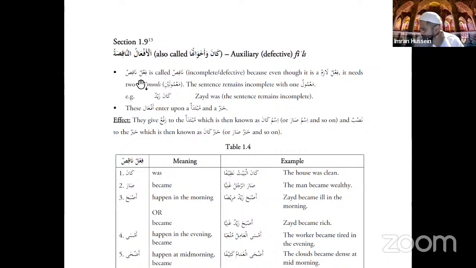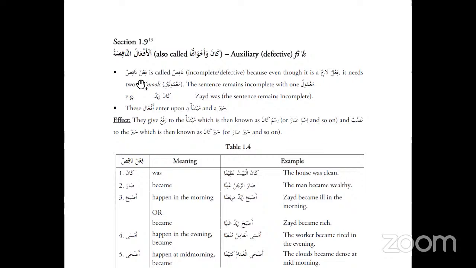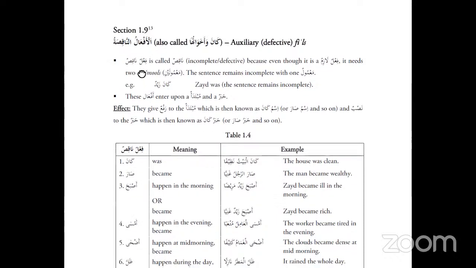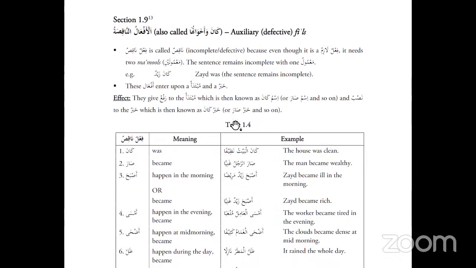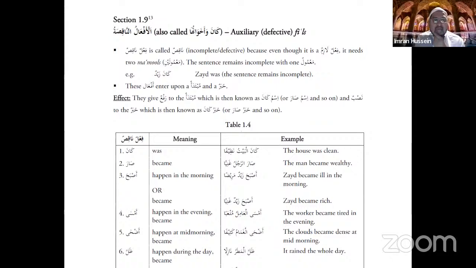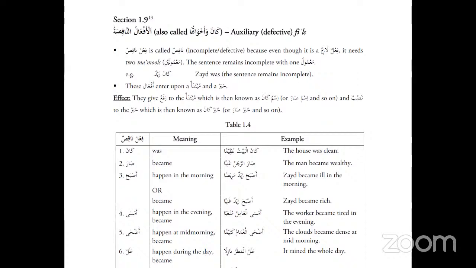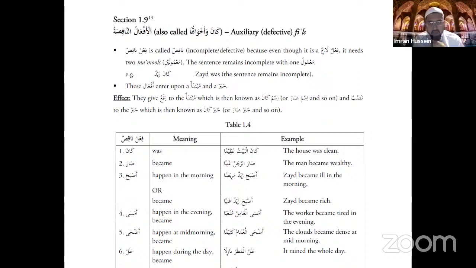Fi'lun naqisun: incomplete, defective. Because even though it is fi'l lazim, it needs two ma'mulain. The sentence remains incomplete with one ma'mul.